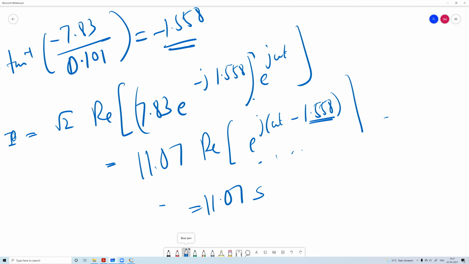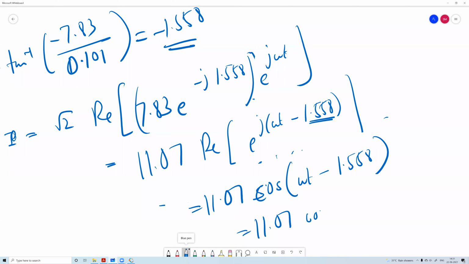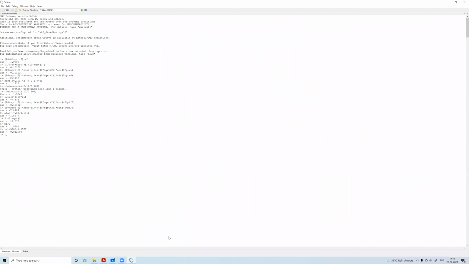11.07 cos of omega t minus 1.558 radians, or cos of omega t. Let us convert this into degrees. 1.558 into 180 over pi, that is 89.26 degrees.